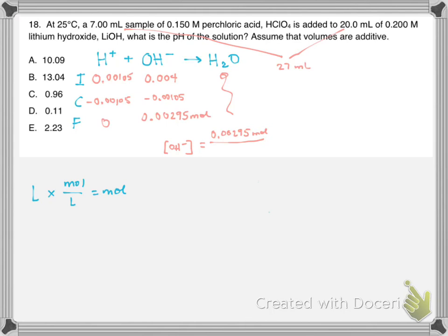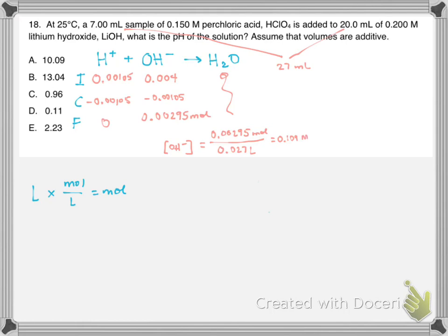So we're going to divide it by that in liters, which is going to be 0.027 liters. And that gives us a hydroxide concentration of 0.109 molar.